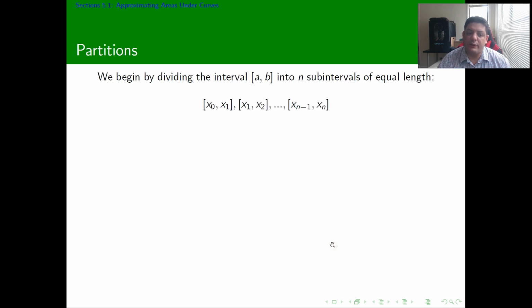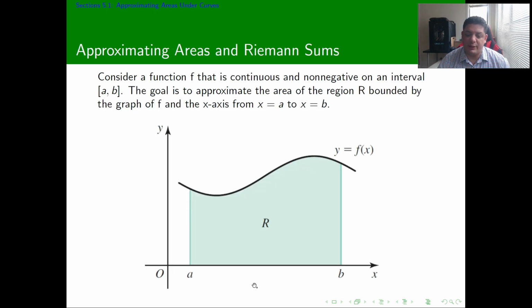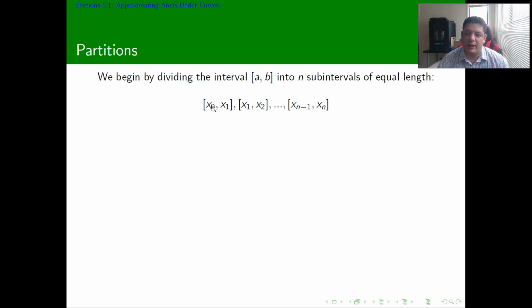So what we're going to do is something similar to what I just showed you. We're going to divide that interval a to b into smaller subintervals, x0 to x1, x1 to x2, up to xn minus 1 to xn. Well, of course, x0 is going to be equal to a, and xn is going to be equal to b.